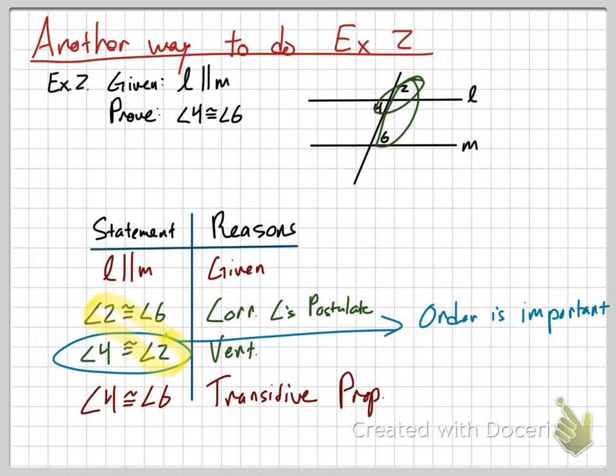And that will cause us to use the transitive property instead of substitution property. So just make yourself a note. Order is important, especially when it comes to substitution and transitive. One good thing about proofs is they're not always black and white. There's some gray area in there where you can put your own spin on how you want to write your proof.